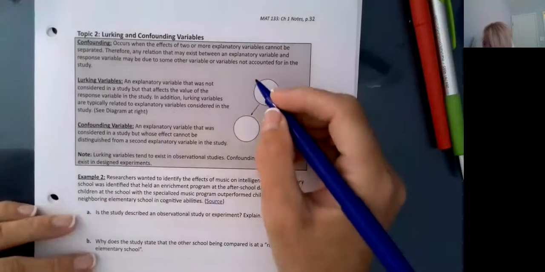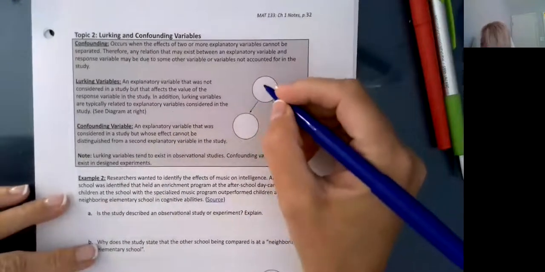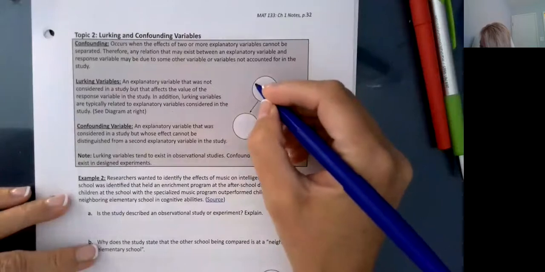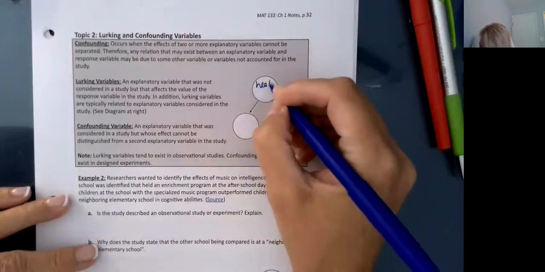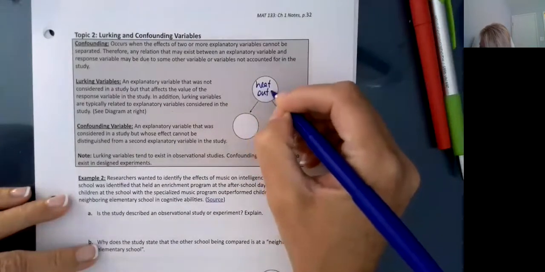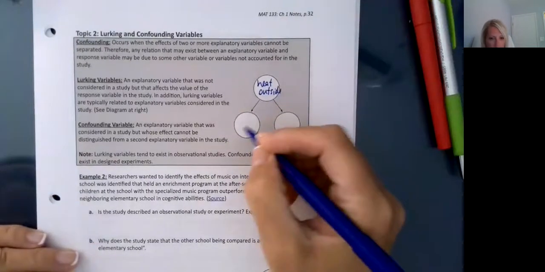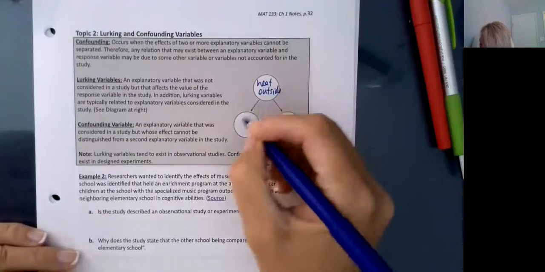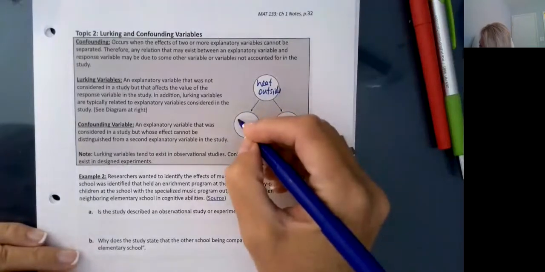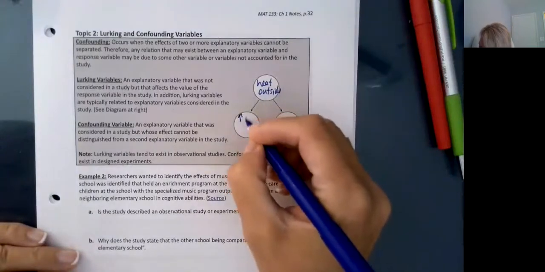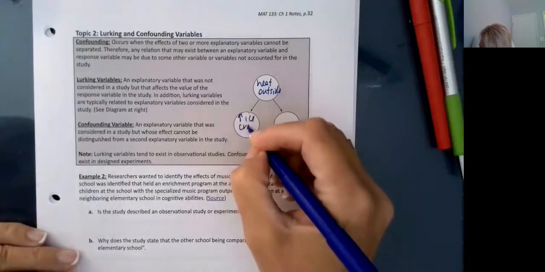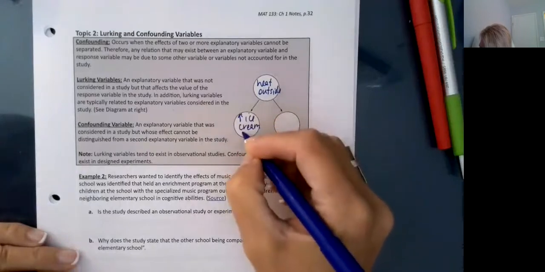So a lurking variable could be the heat outside. And we will continue to see this example. The heat outside could cause a rise in ice cream sales, right?